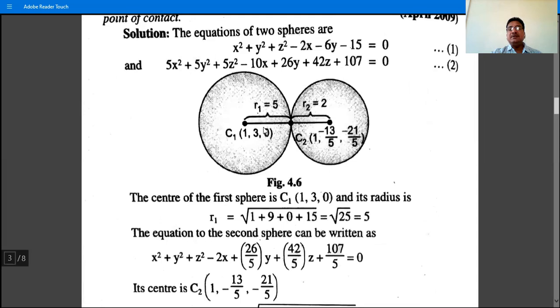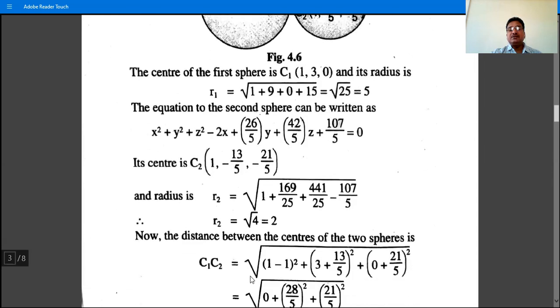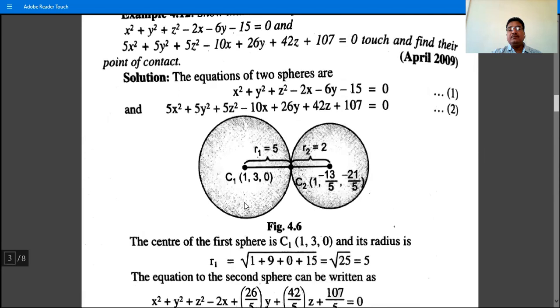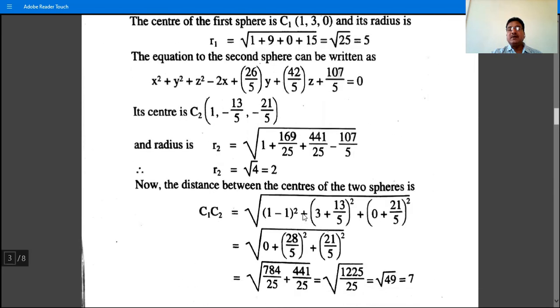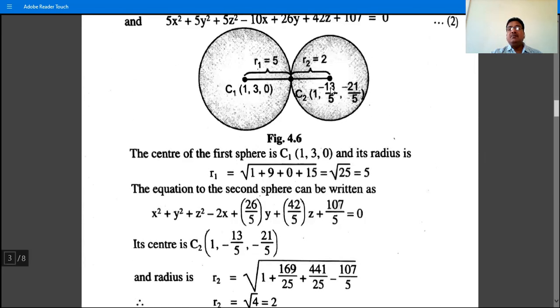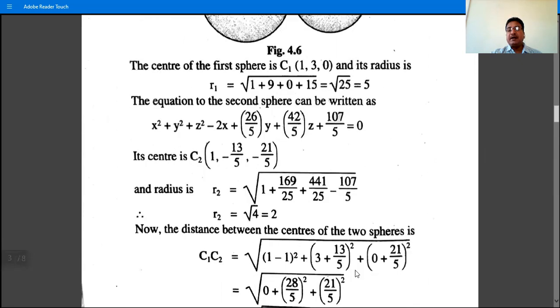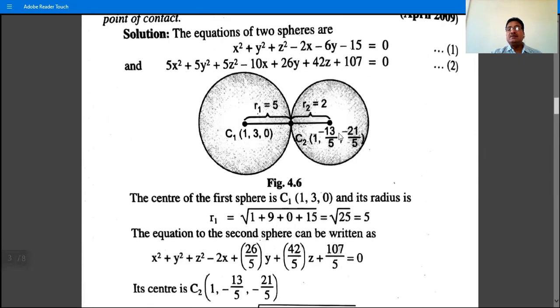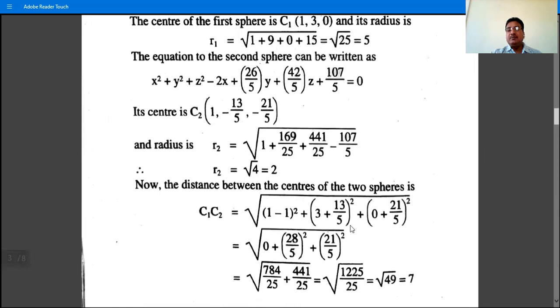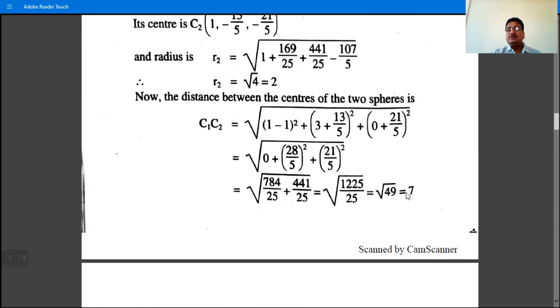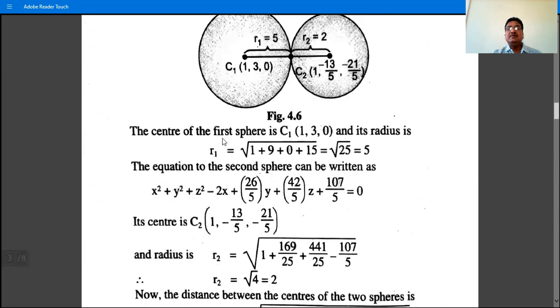Then find the distance between C1 and C2 by using distance formula. So it is root of (1 minus 1) bracket square, then (3 minus minus 13 by 5) bracket square, and then (0 minus minus 21 by 5) bracket square, and then we have this answer 7 as the distance between C1 and C2.